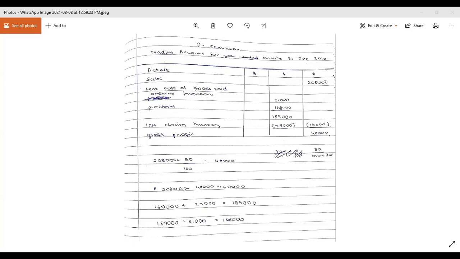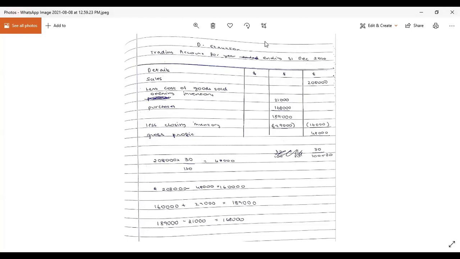Okay, 39.1. The question is saying that D. Stanchion is a trader who sells all of her goods at 30% above cost. So 30% above cost means that it is given markup. Right.